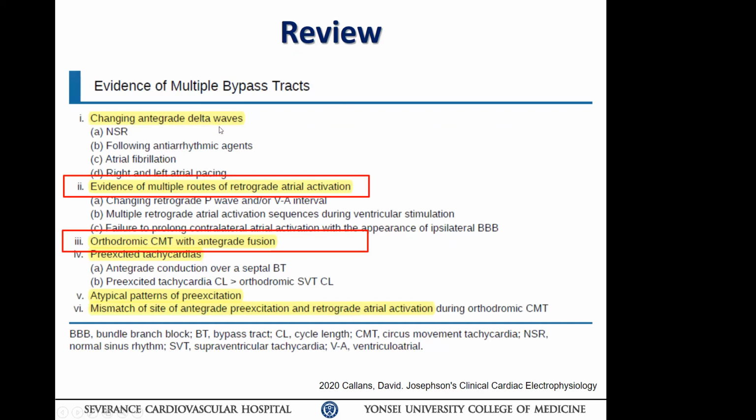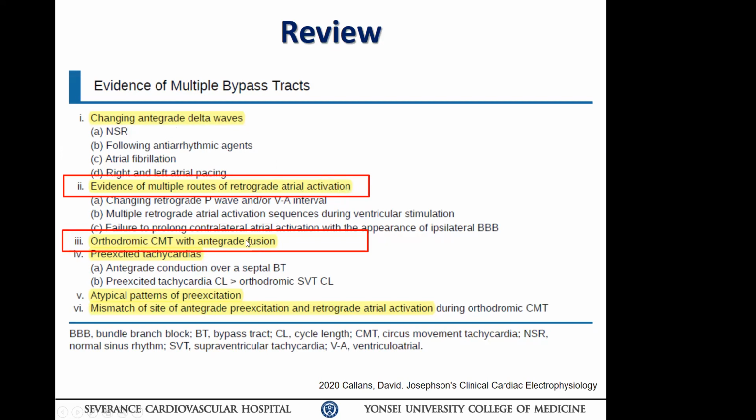First, a change in the delta wave. This is taken from Josephson's Clinical Cardiac Electrophysiology. A change in the delta wave on surface ECG, but it's very uncommon to see the change. Evidence of multiple routes of retrograde atrial activation, like in our case, during V-pacing, we found two types of retrograde atrial activation that indicate the patient has multiple bypass tracts.